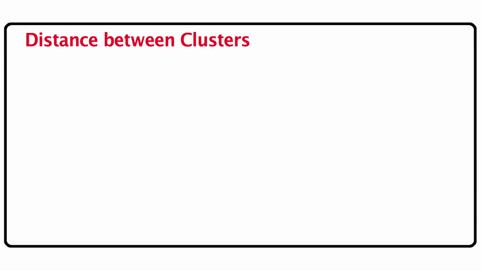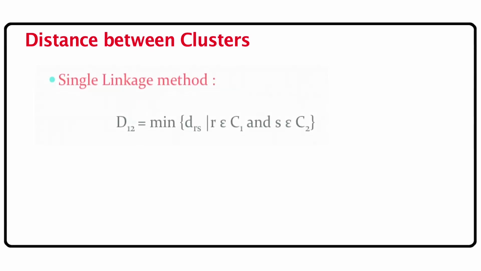So, a cluster may be composed of n1 individuals, another cluster may be of n2 individuals. So how do you define the distance between these two groups? There are various ways of doing this. The simplest of them is referred to as the single linkage method, which is the minimum distance between individuals in the two clusters.